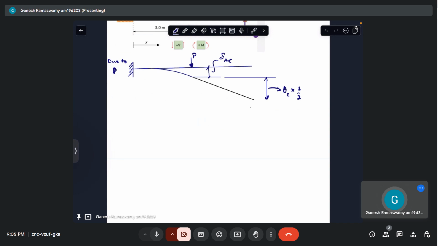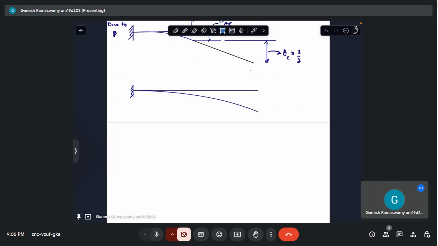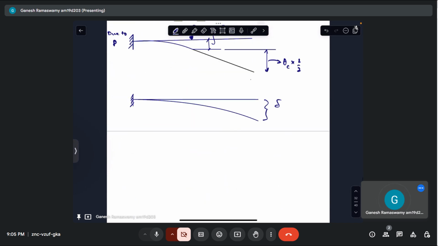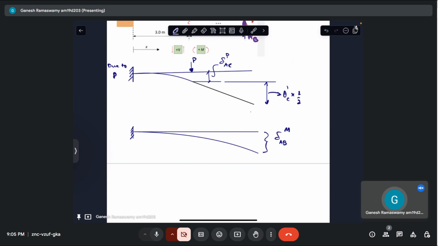Now let us see the same thing due to M. If only M were applied here, I can take the same curve, except it will be 0 and I'll have some non-zero value here. So the deflection would be something like that, which is delta AB due to M. This is delta AB due to P, theta due to P. I hope that is clear.